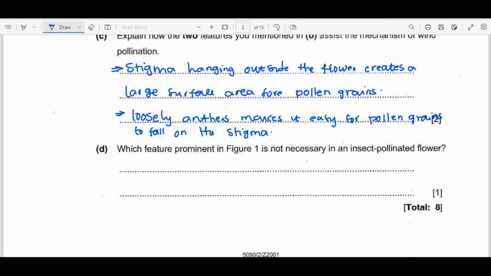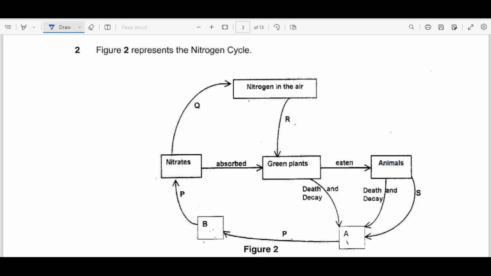So say feathery stigma hanging outside the flower. This one is not necessary, not important. Okay, so we move on to question 2.